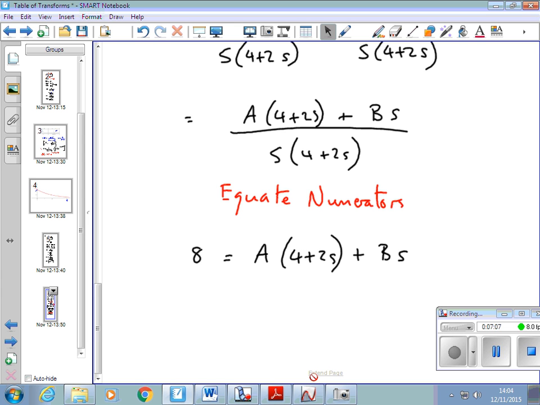And now we can find A and B by letting S equal certain values. What can I let S equal so that B disappears? Right, let S equal 0. You're on the ball today.